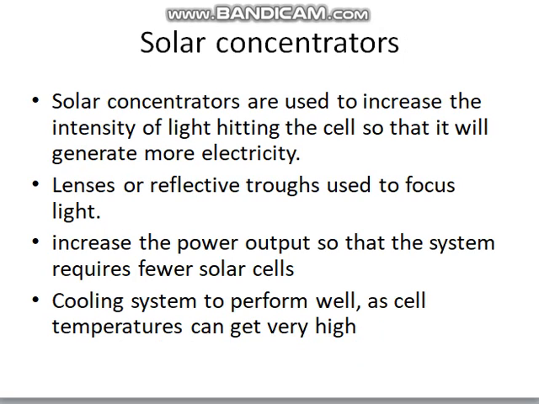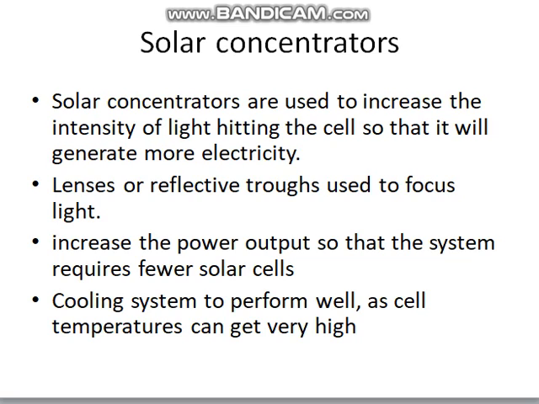Solar concentrators are used to increase the intensity of sunlight hitting the solar panel. A concentrator can be a mirror concentrator or a parabolic dish kind of concentrator, but whatever the concentrator, it focuses the sunlight to a particular area.